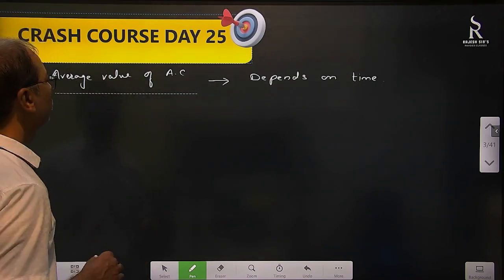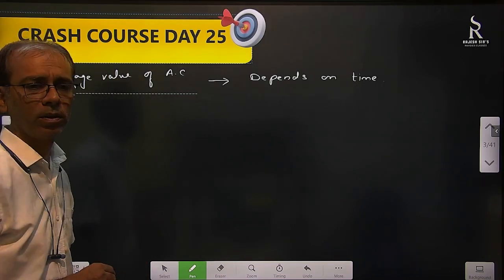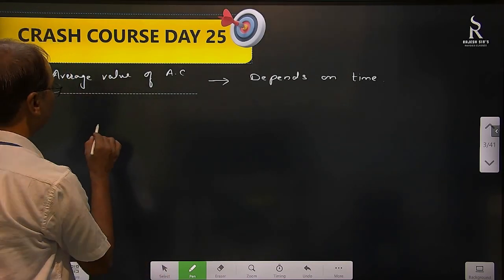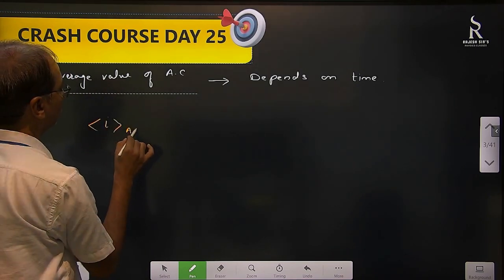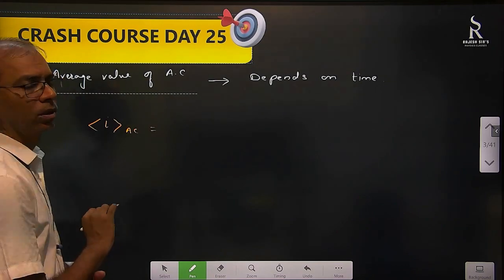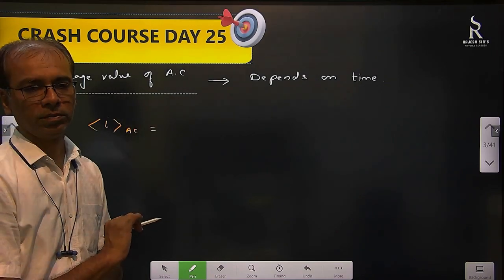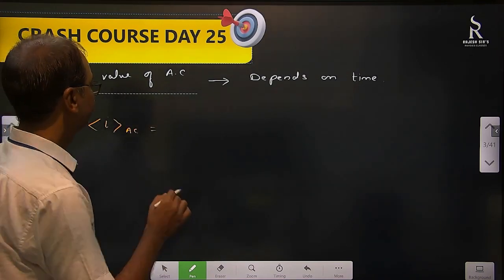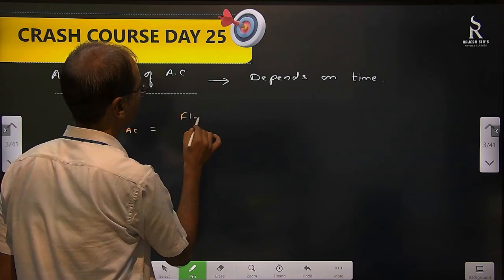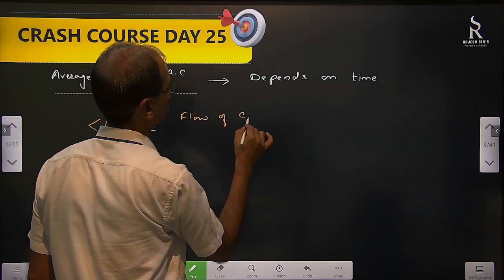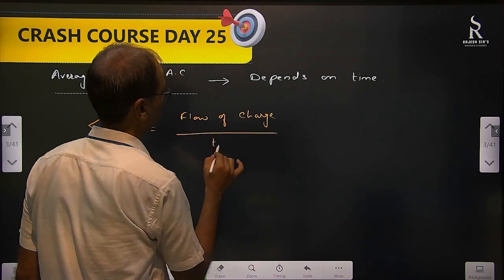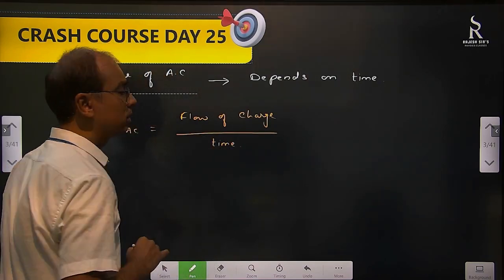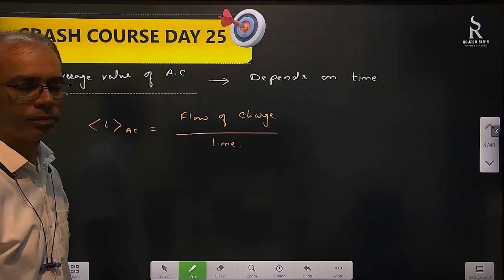So that's why the average value of any quantity which is variable depends on time. So what is the average value of current, which I am writing like this? It is the flow of charge per unit time. This is the average value.